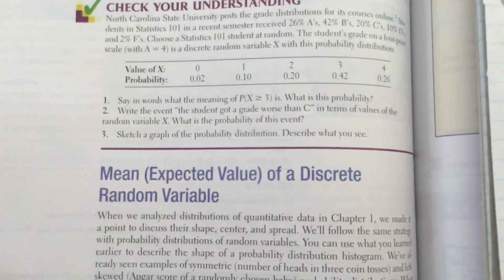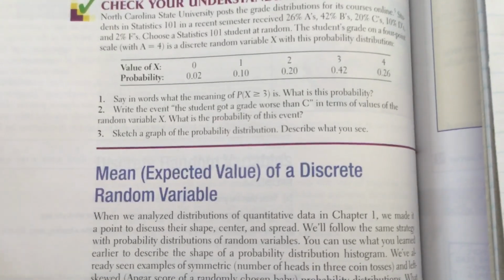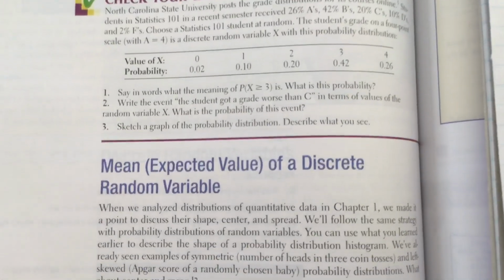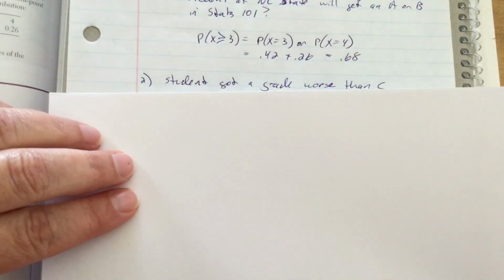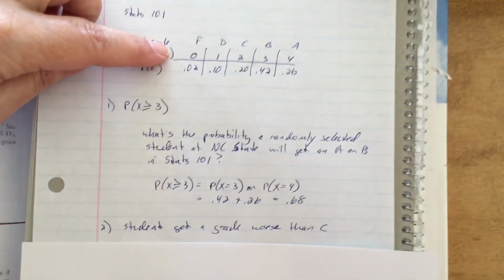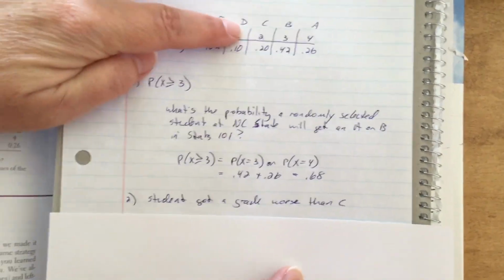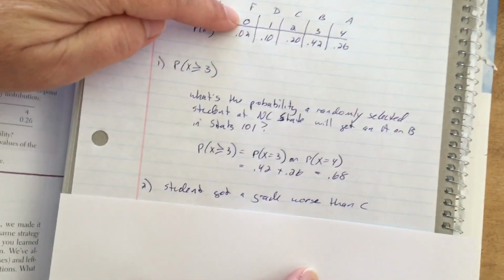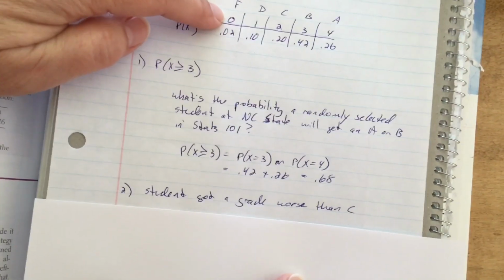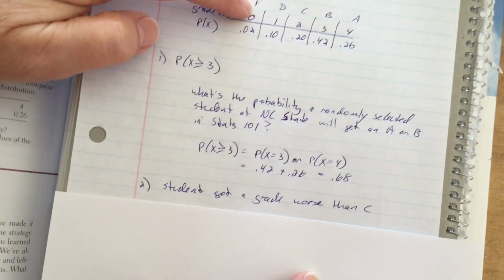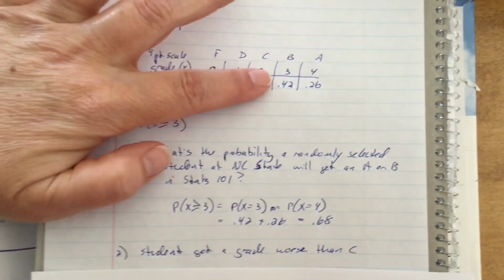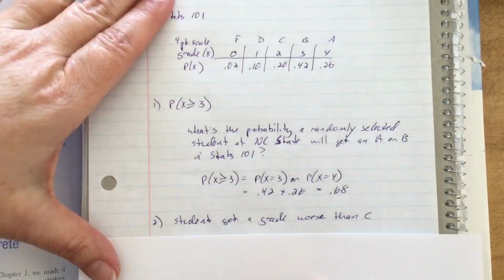Come over to the next question. Write the event the student got a grade worse than C in terms of values of the random variable, and then find the probability. Worse than a C would be a D or an F. So I'm going to say the probability that X is less than 2, not less than or equal to 2, just less than 2.